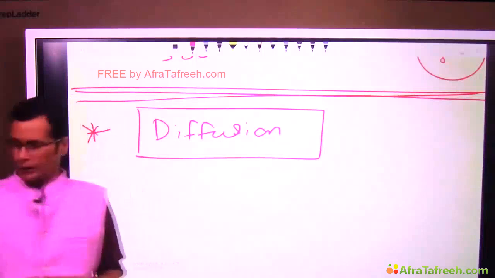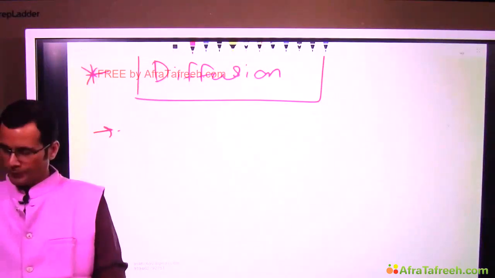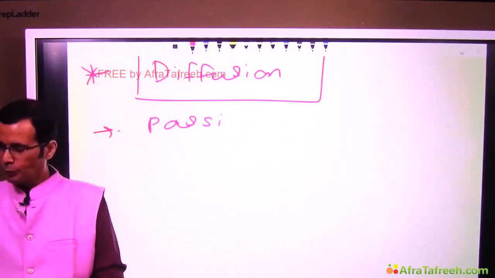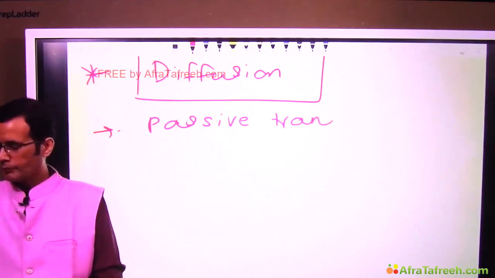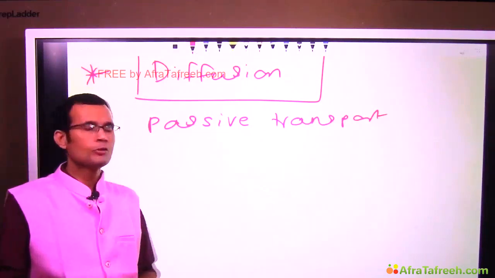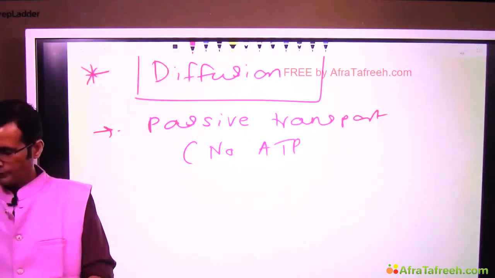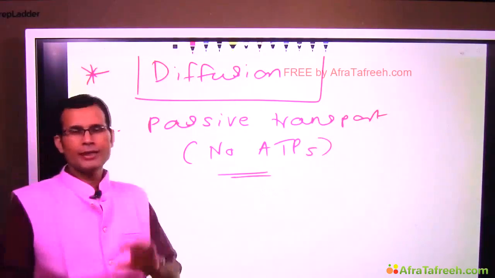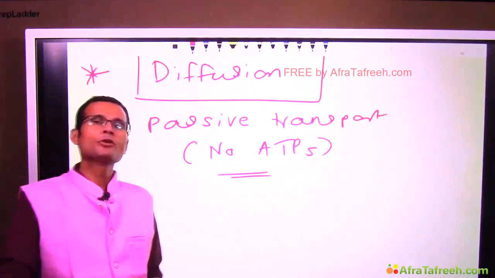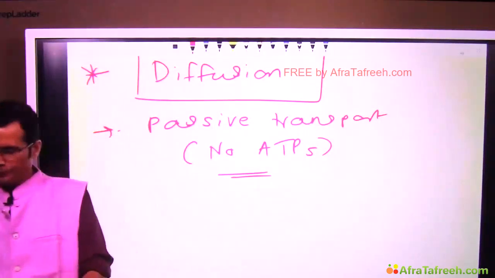First thing, diffusion is a passive transport, right? When we say passive transport, no ATP is needed. That's very clear. When we say active transport, it needs ATP. Passive transport doesn't need ATP.